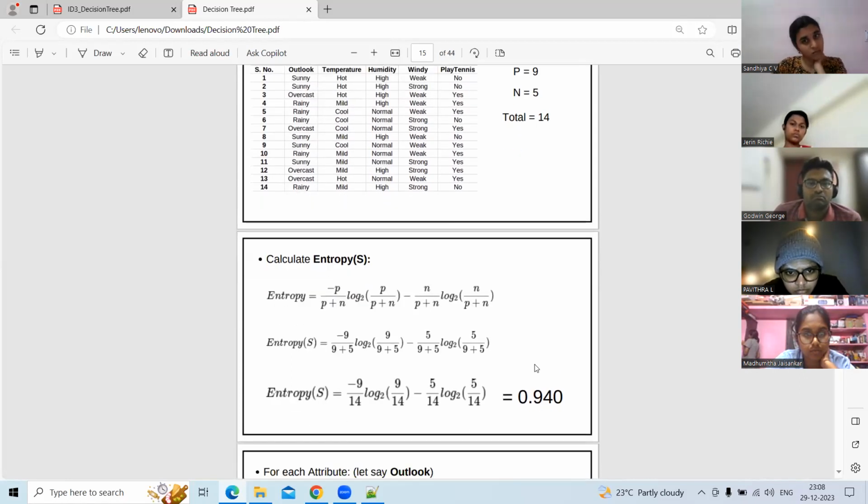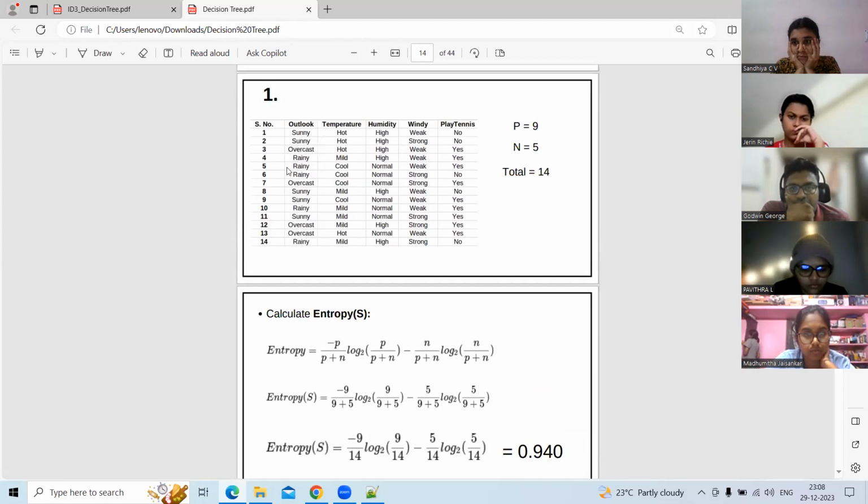No, we are not actually looking at any of these attributes. We have calculated the entropy of the complete data, irrespective of features, based on the number of positives and negatives of play tennis, that is, whether the person will play or not.